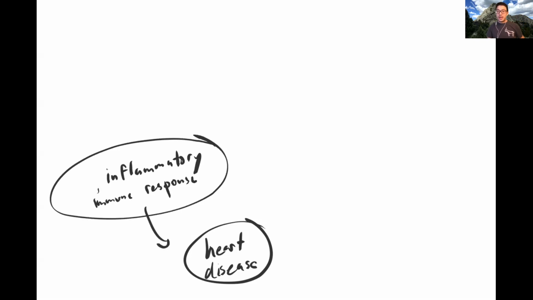Note that in these directed acyclic graphs, when you go from x to y, we denote this arrow as a direct causal relationship. So as I change x independent of everything else, it leads to changes in y.